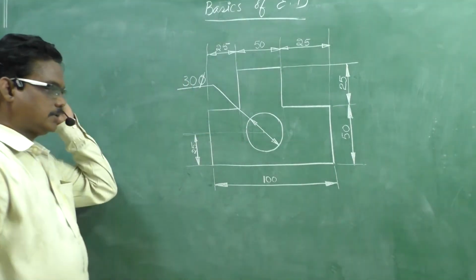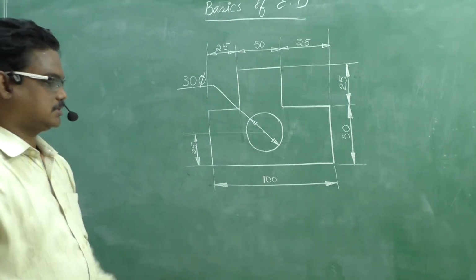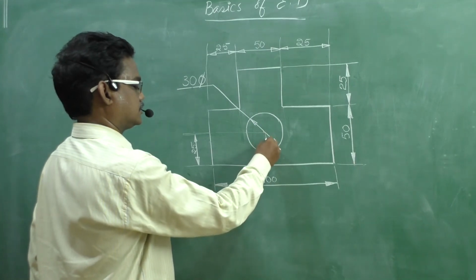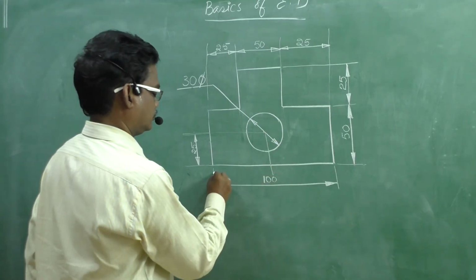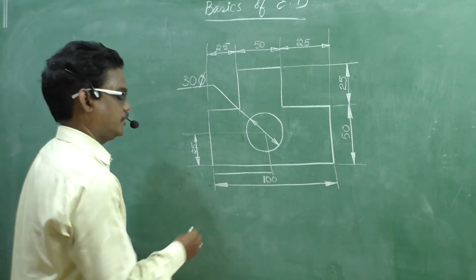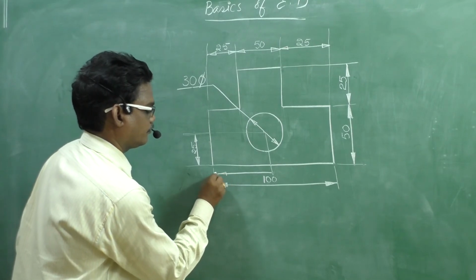Okay. The vertical distance is 25 and the horizontal distance. Here actually this horizontal distance first we need to note. This is let it be 50.